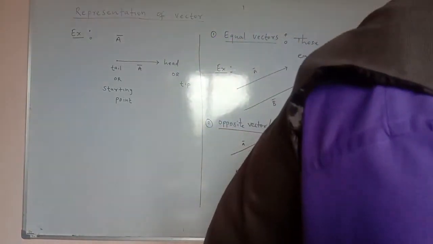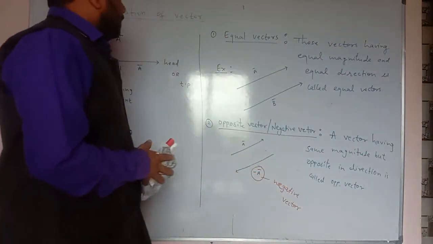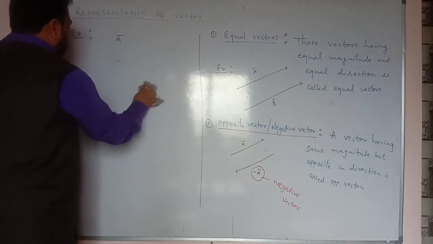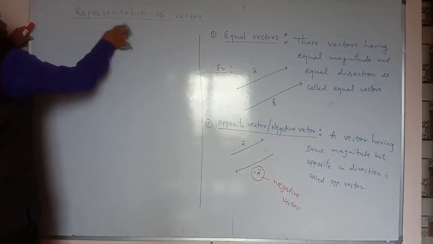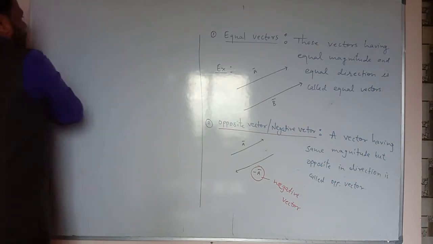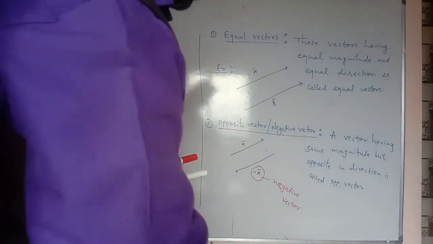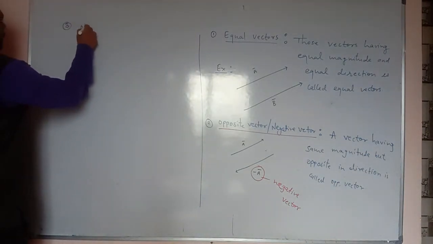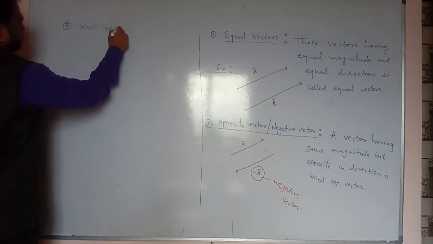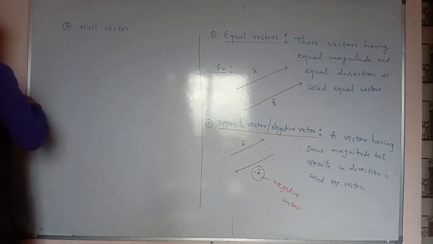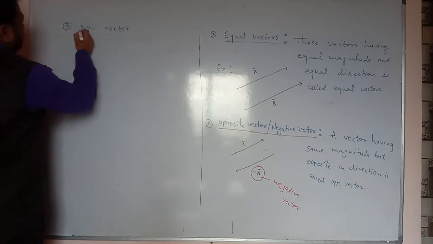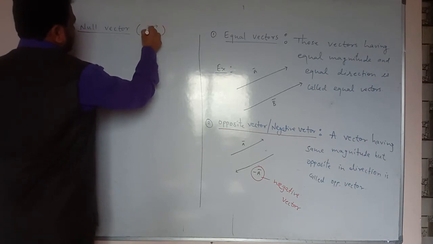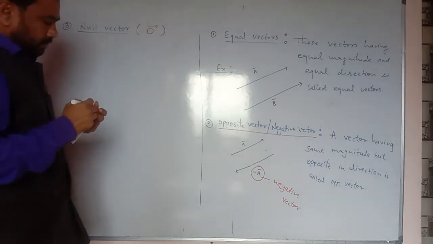Such fundamental concepts are very important here. Another concept is the null vector. So you are familiar with the null vector. So our third point is the null vector. The null vector is also called the zero vector. Null means what? Zero.